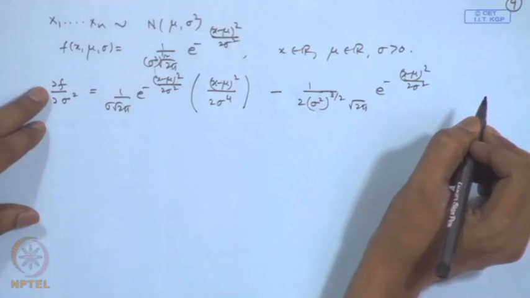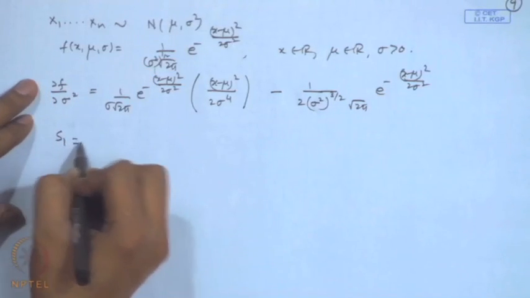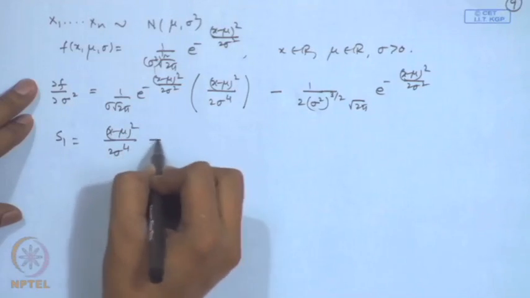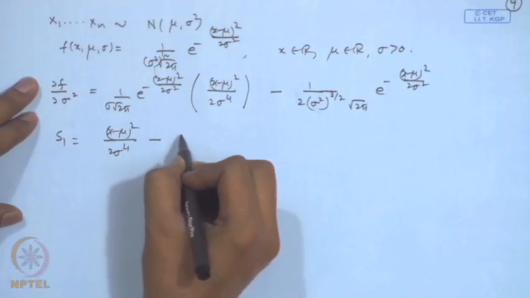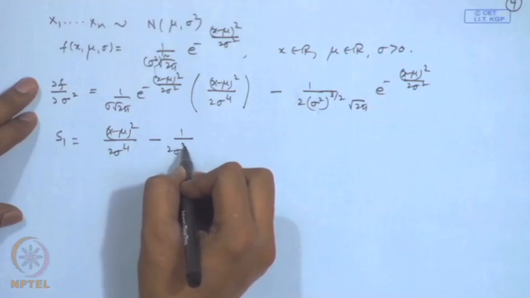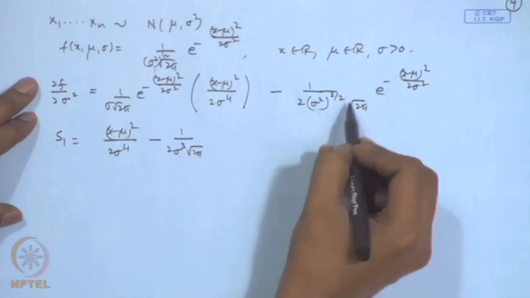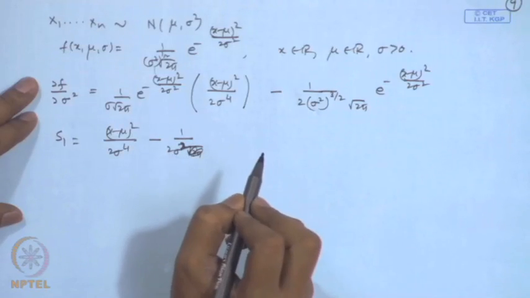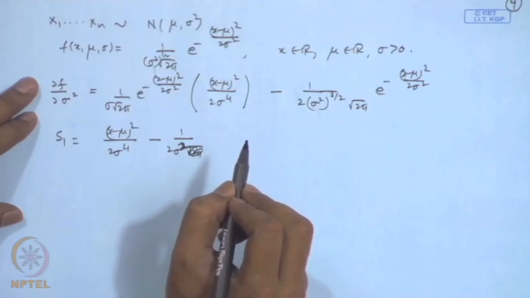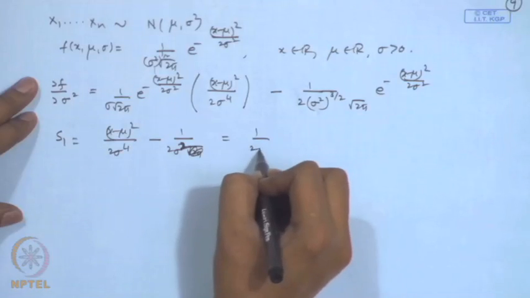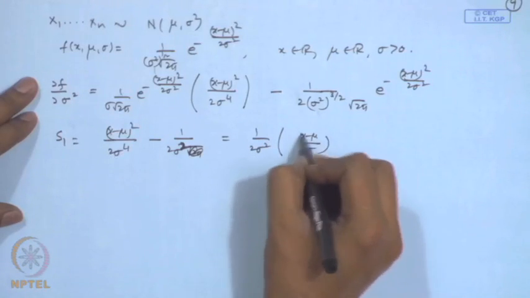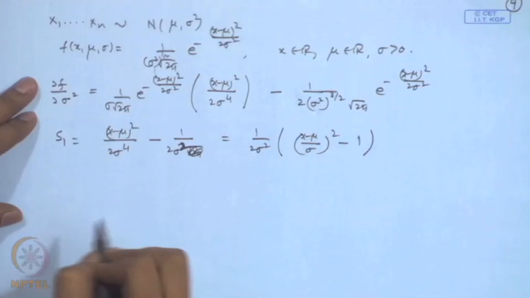Now, you can see this S1 term itself will be equal to x minus mu square by 2 sigma to the power 4 minus 1 by 2 sigma cube root 2 pi. Now, this term of course will cancel out. So, you will get sigma square here, that is 1 by 2 sigma square, x minus mu by sigma whole square minus 1.